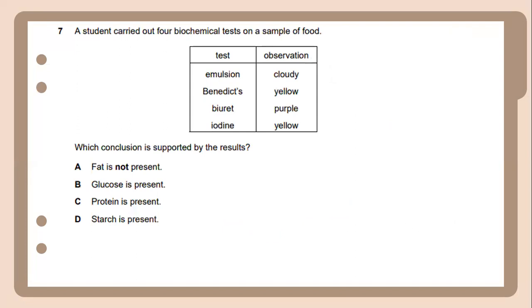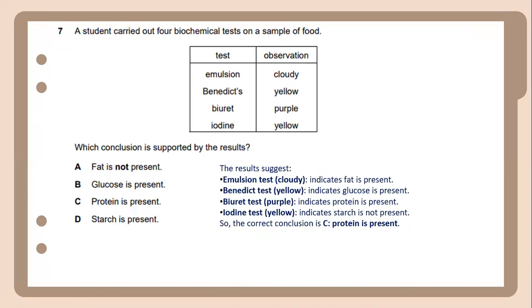Number 7, the student carried out 4 biochemical tests on a sample of food. Which conclusion is supported by the result? The result suggests that during the test for emulsion, the observation shows to be cloudy, which indicates fat is present. For the Benedict test, the observation turned yellow, which indicates glucose is present.